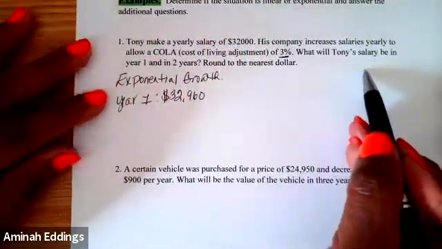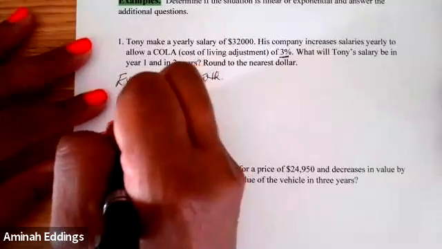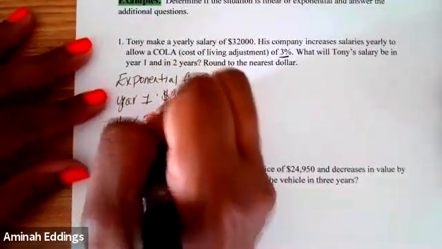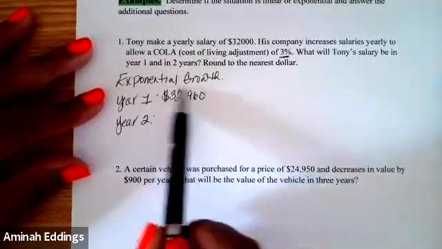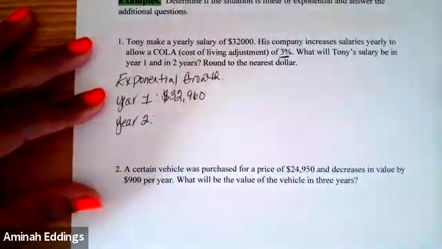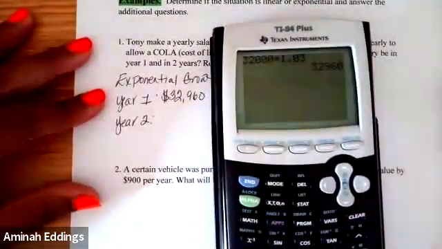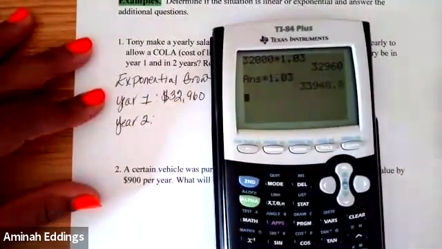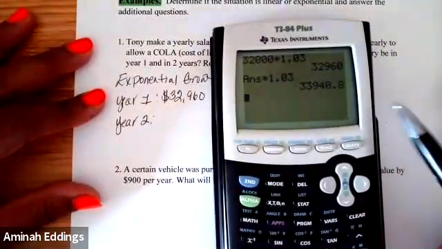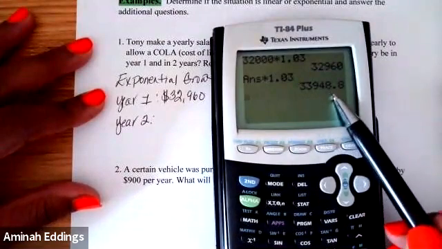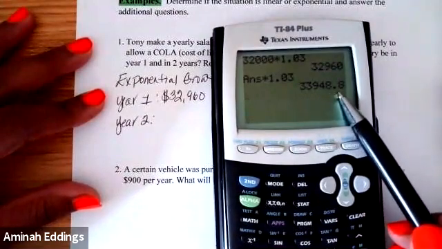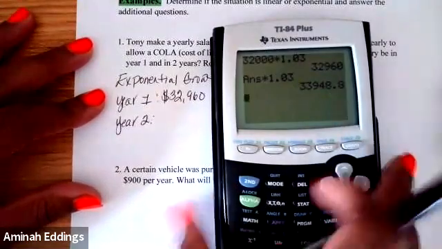Okay, his salary in 2 years, year two. We start with where he was, okay? Because now he's at 32,960 and we multiply that times that 1.03. And we end up with $33,948.80. And we're gonna round that to 49.